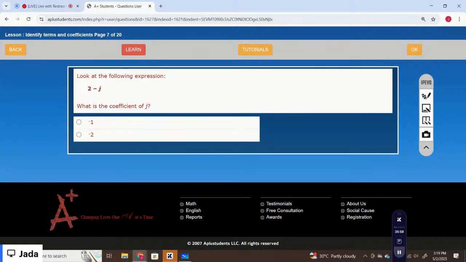Look at the following expression. 2 minus j, the coefficient of j is negative 1.